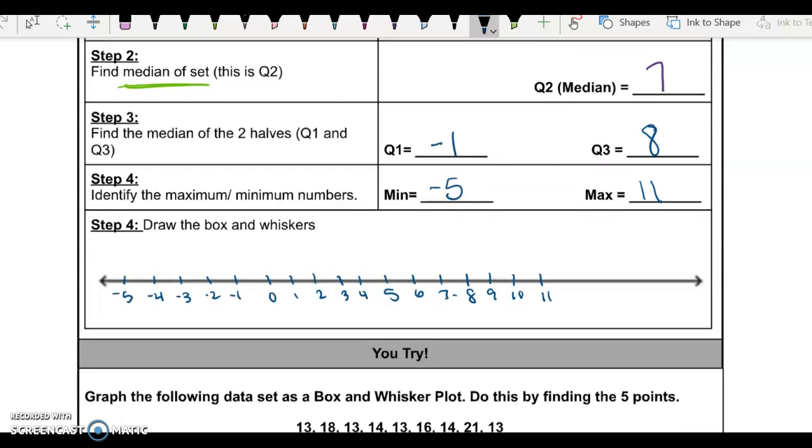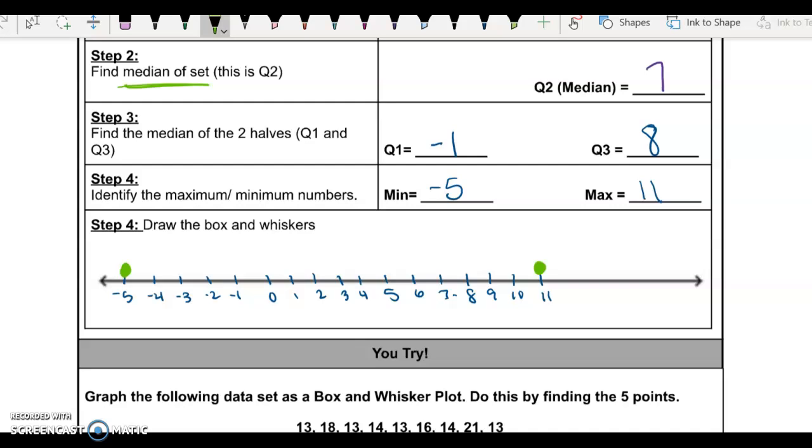So now we are going to draw our box and whisker plot. So our minimum number was -5, and our maximum number is 11, so we put dots on both of those.